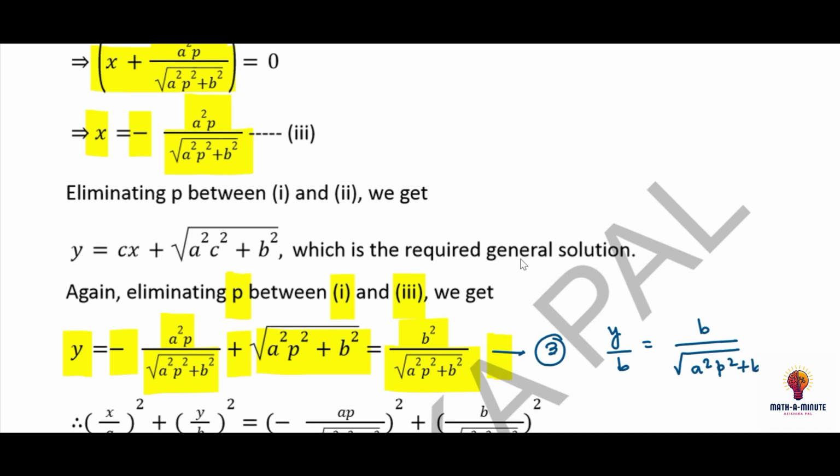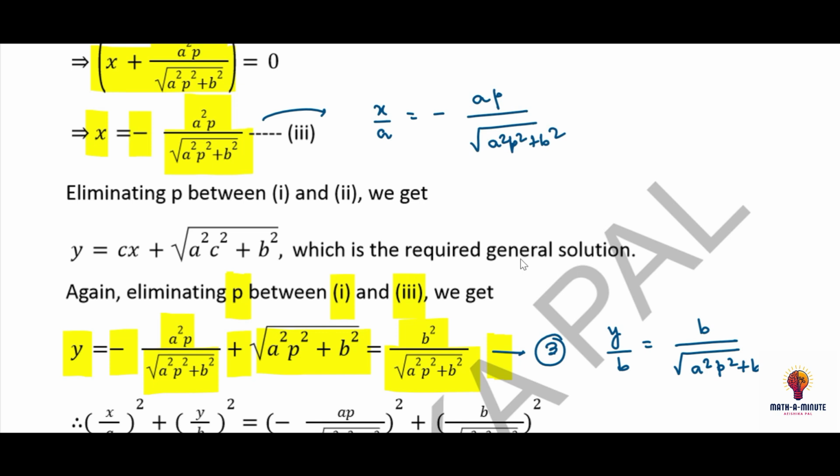Again we can write this equation also, x by a equals minus ap by the square root of a²p² plus b².